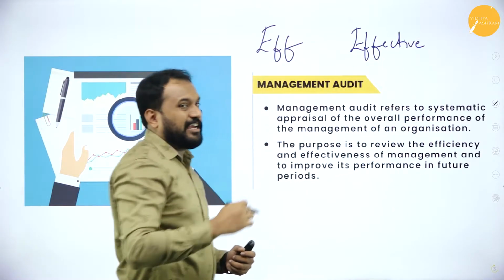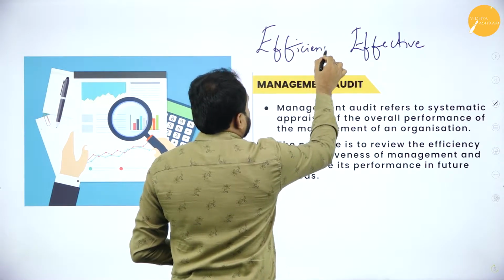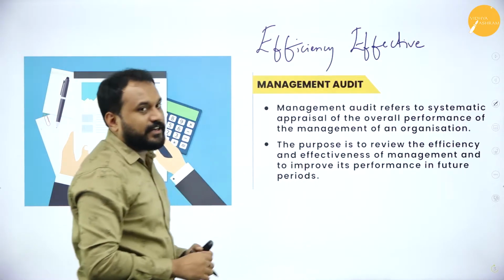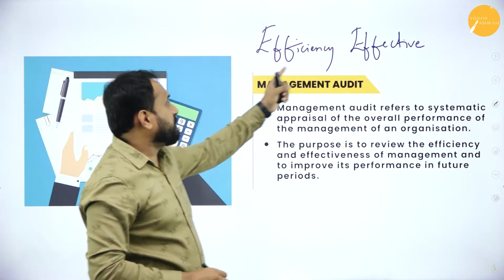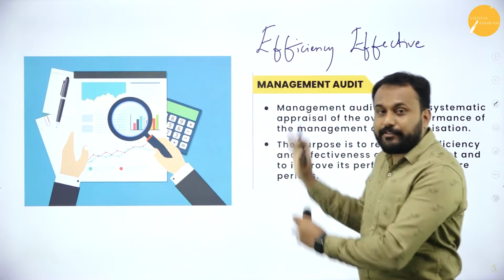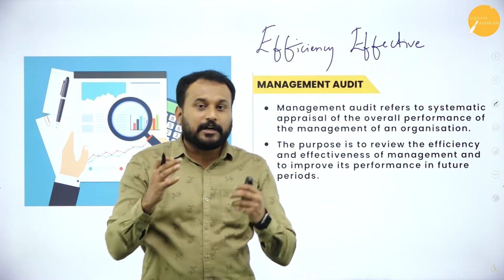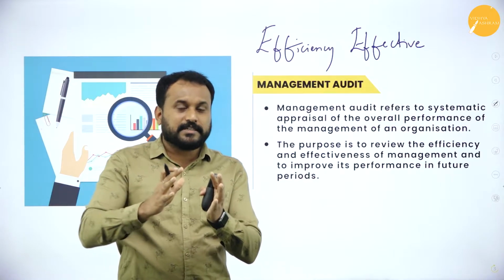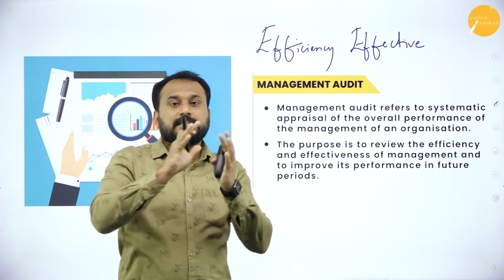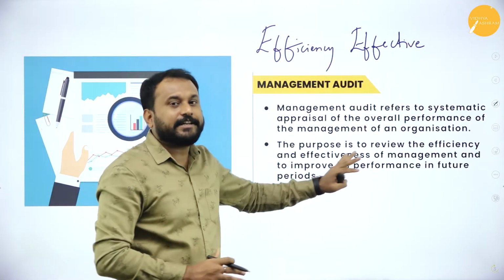So one is efficiency, and one more is effectiveness. Now if both are there, that means the controlling is happening properly. We are looking at whether, in the controlling process, whatever deviation is there, we need to take corrective actions. This is what the technique is.